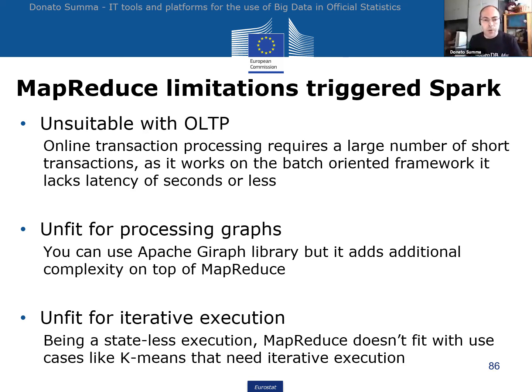Other reasons are that MapReduce is unsuitable with OLTP, because online transaction processing requires a large number of short transactions. As it works on the batch-oriented framework, MapReduce lacks latency of seconds or less. And when you have to do a transaction, you have to be quick, very quick.